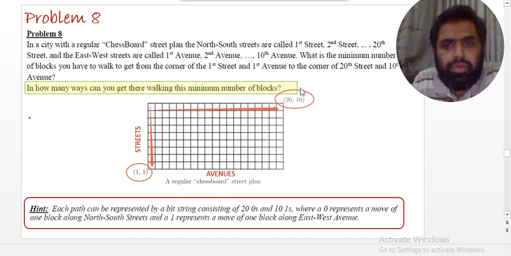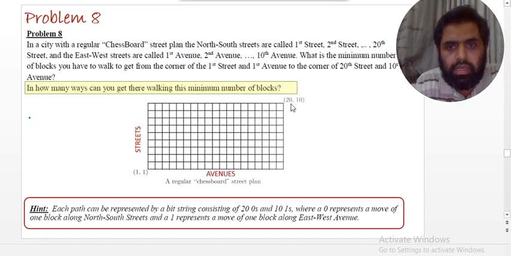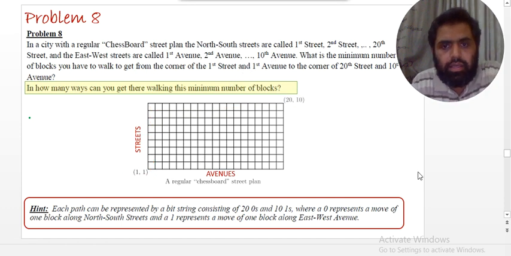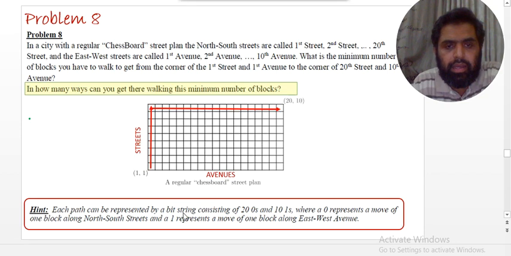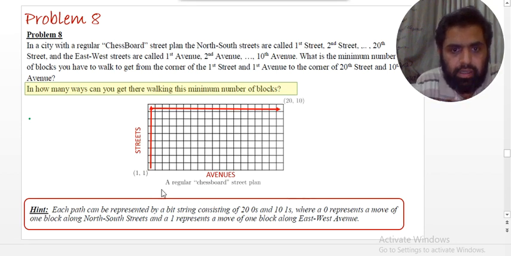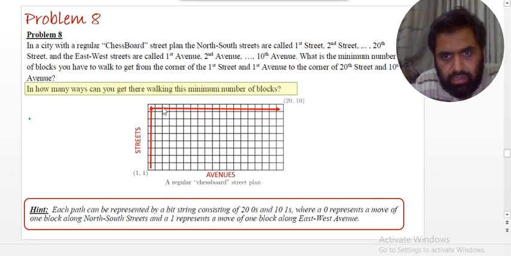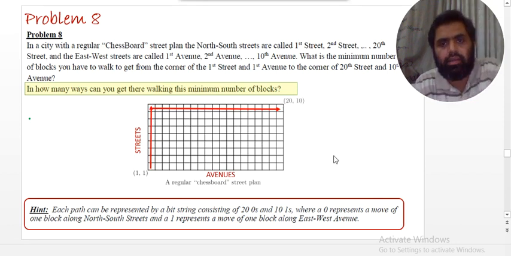So in how many ways can we reach there if we have to follow these patterns along the grid? We have to follow the streets and avenues. So in how many ways can we reach this point (20, 10)? One possible way could be I go straight along the first street and then take the 10th avenue and reach here.